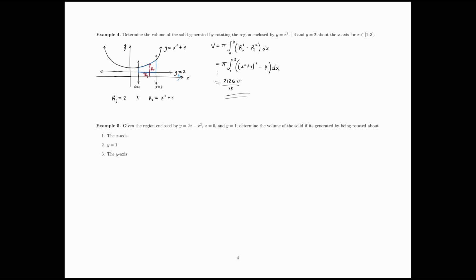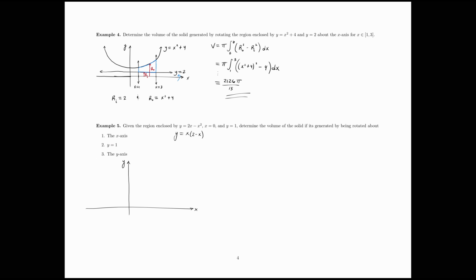So first, let's sketch our region, because that will be the same regardless of what our axis of rotation is. So we'll draw that. So x-axis, y-axis. This polynomial right here, we can write this as, of course, y equals x times 2 minus x. So this is a parabola that opens down with an x-intercept of 2 and 0.